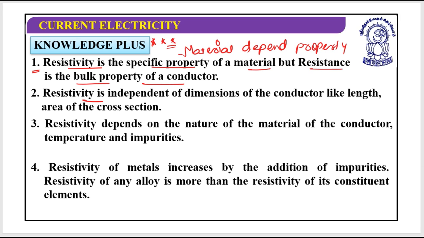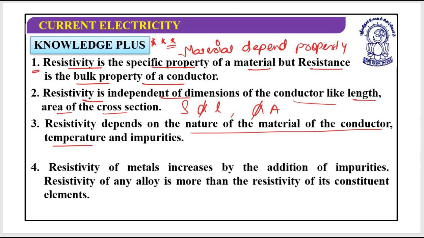Yes, resistivity is independent of the dimensions of the conductor, like length or area of cross section. So rho does not depend on the length, and does not depend on the cross-sectional area, neither directly proportional nor inversely proportional.